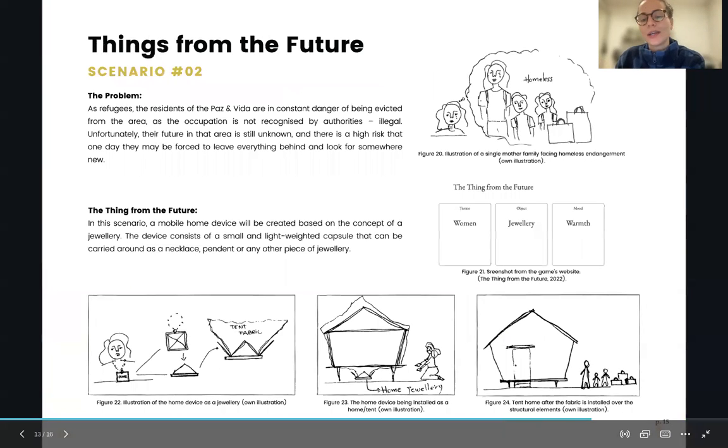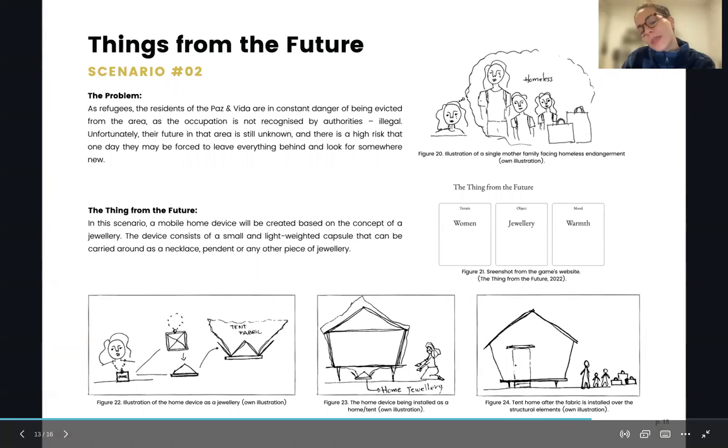The second one is the cards from Women Jewelry in Warmth. So I have imagined for this situation the problem of a family that is about to be evicted or at risk of being homeless.